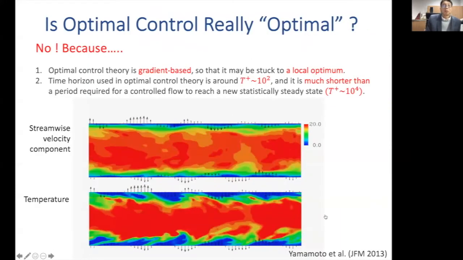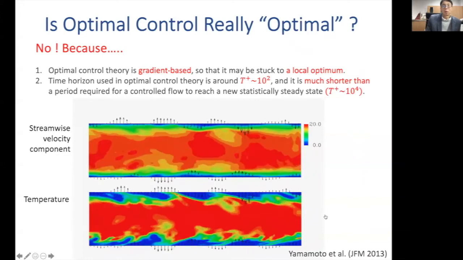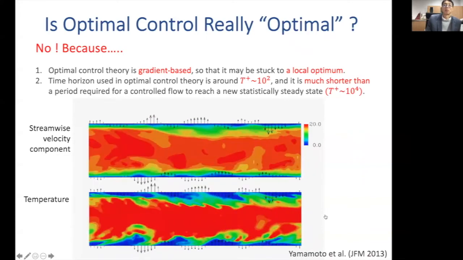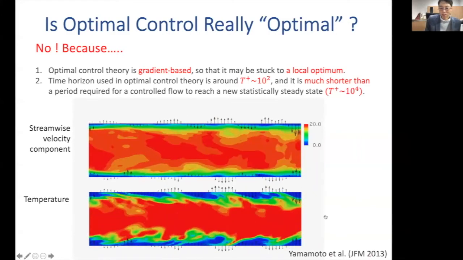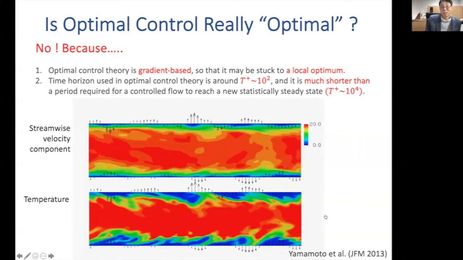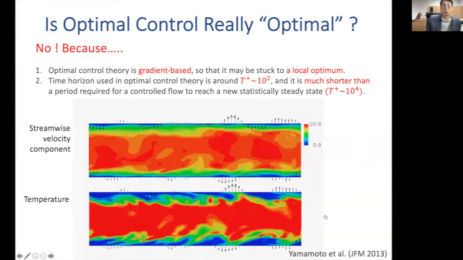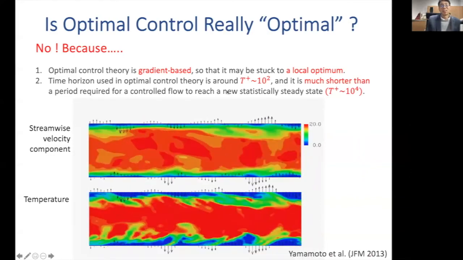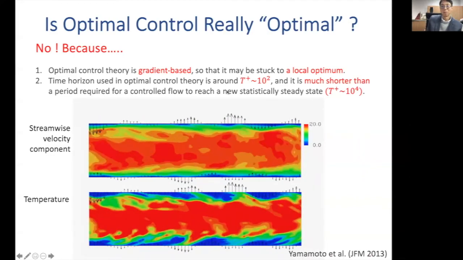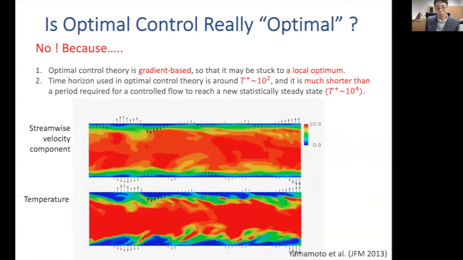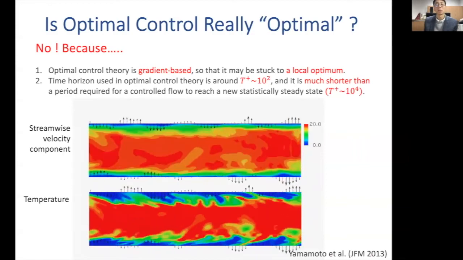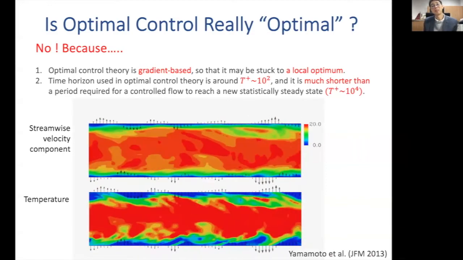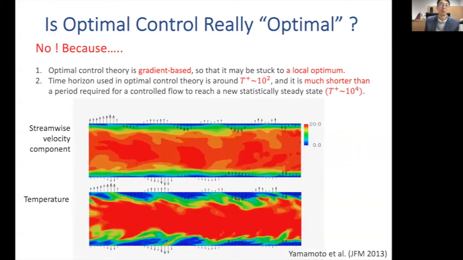Now there is one question: is the control we obtain from optimal control theory really optimal? This is somewhat a weird question, but optimal control theory is a gradient-based method. So if we have multiple local minima, the resultant optimal control input will be stuck at a local minimum.